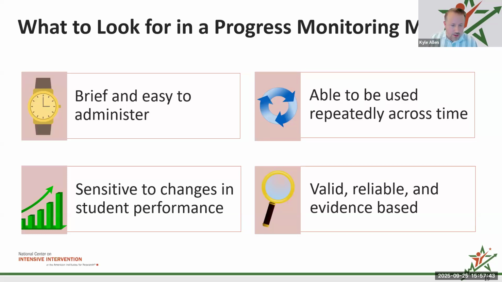Sensitive to change. If you're measuring something that's not sensitive to change, you're wasting your time. I always use this silly example, but I have 3 children. When they go to the doctor, they always measure their height. When I go to the doctor, do they measure my height? The answer's no. And the reason is because my height is no longer sensitive to change.